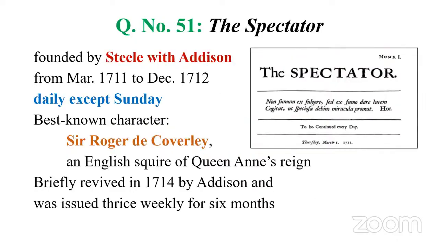Next, the Spectator. It was founded by Steele with Addison, and it ran from March 1711 to December 1712, a short one. It was issued daily except Sunday. In this work, they created a club, the Spectator Club, and one of the major characters in this club is Sir Roger de Coverley, an English squire of Queen Anne's reign.